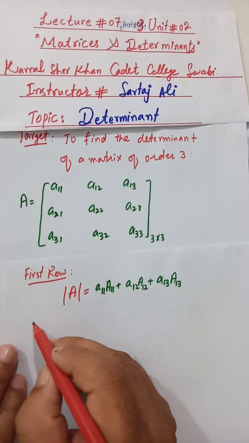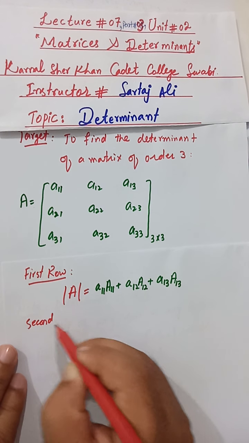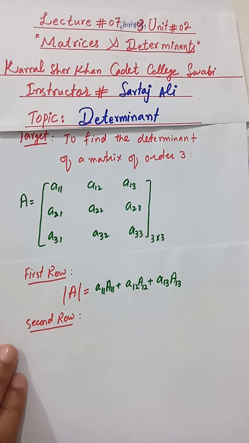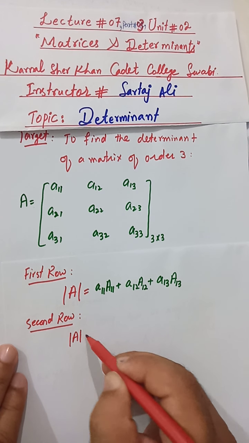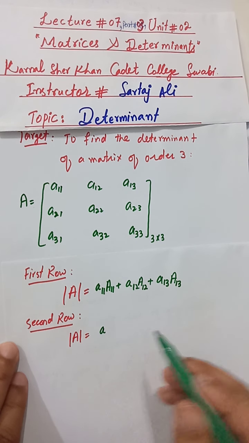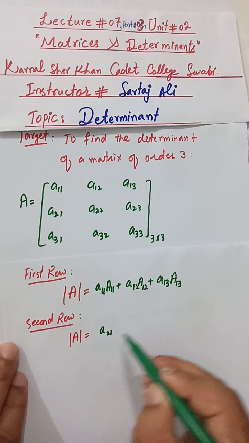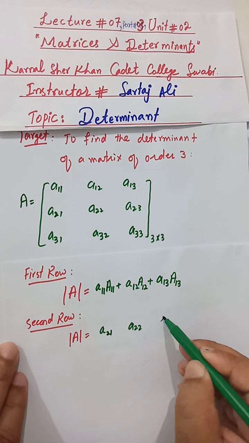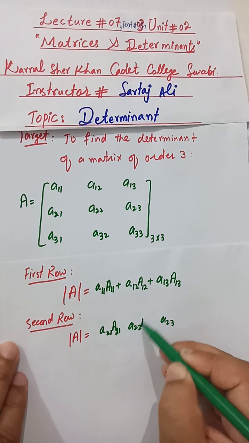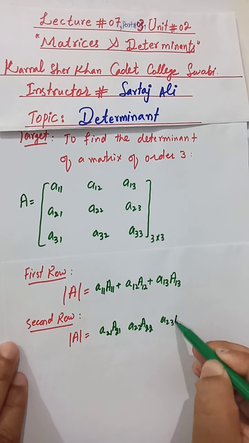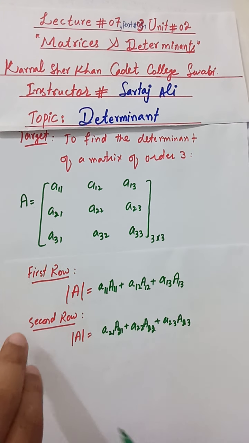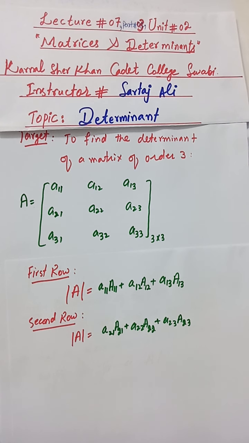If you find it with the second row, the determinant will be equal to the elements of the second row multiplied by the cofactors of those elements. These are the cofactors, and then add. So you will get the determinant of that matrix using the second row.